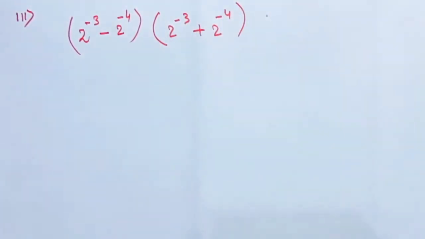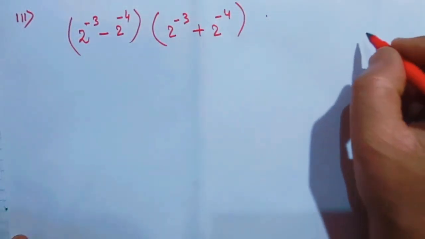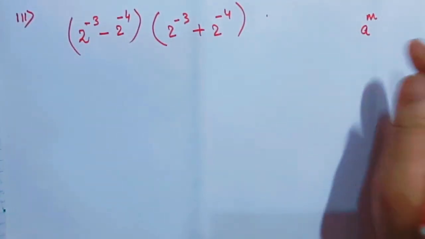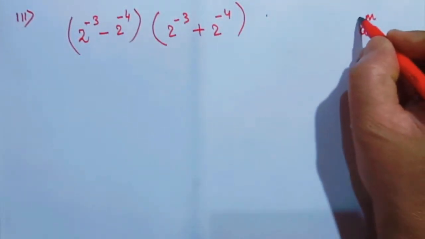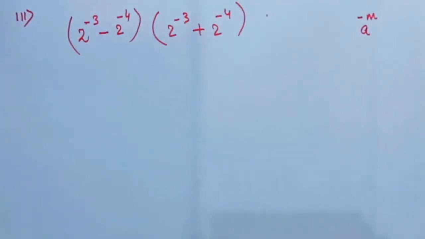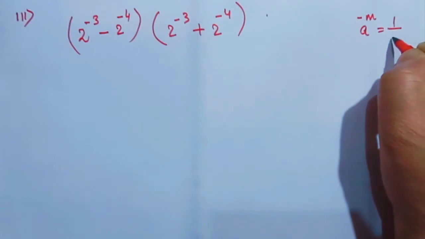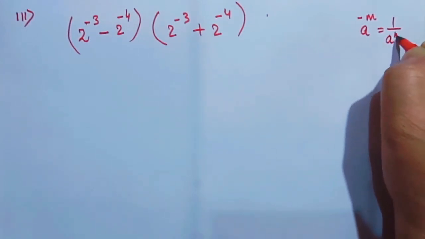What I taught you right now was that if you have a negative exponent, for example a to the power minus m, you can change it into its positive exponent by converting it into its reciprocal, 1 by a to the power m.